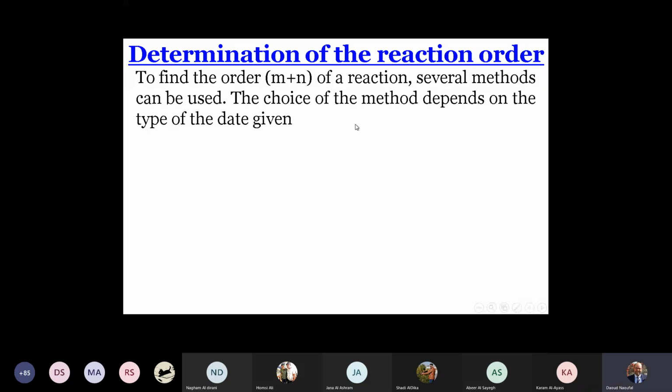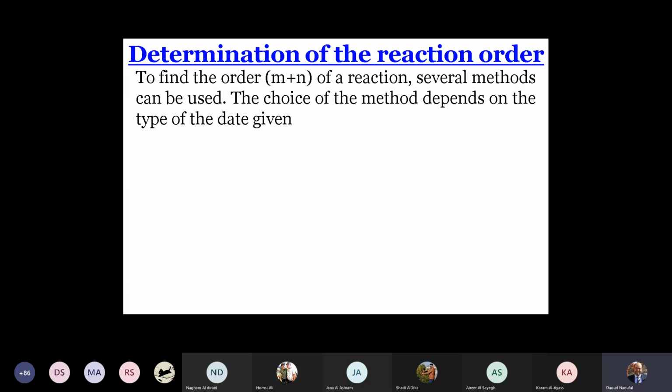The choice of the method depends on the type of the data given. This is the same strategy used, for example, when we calculate delta H of the reaction. We said that delta H of the reaction can be obtained by 4 methods. The method we choose depends on the thermodynamic data given.